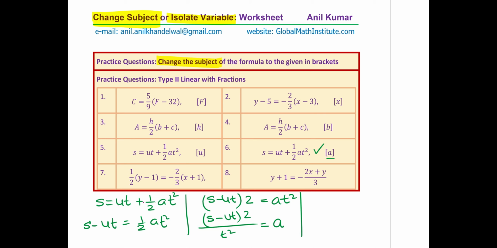So in this case, we have changed the subject to a, and now we know a is. A good way to write this is multiply by the numbers first, and then we have s minus ut over t squared. Does that make sense to you? So that becomes our answer for the given question. So I hope these steps are absolutely clear.